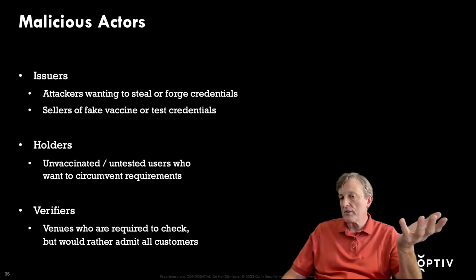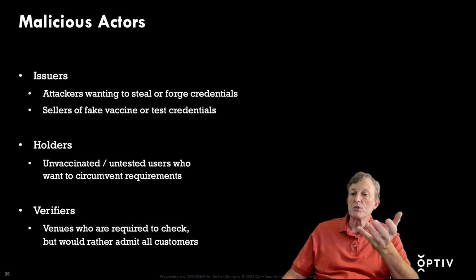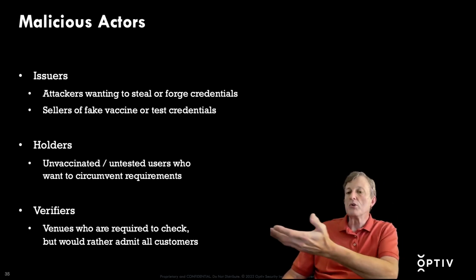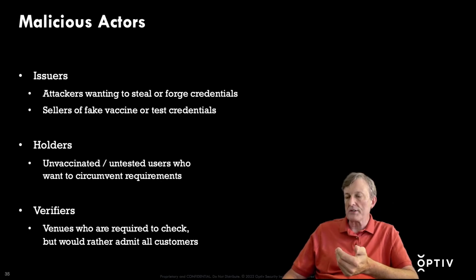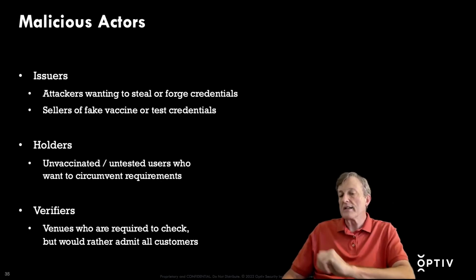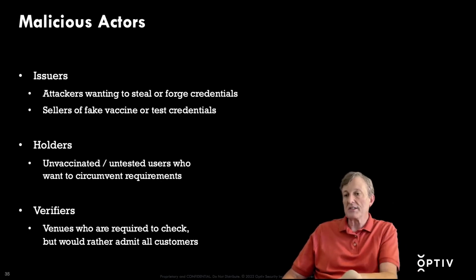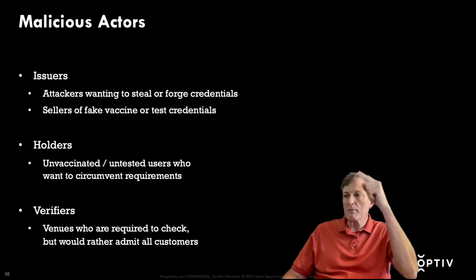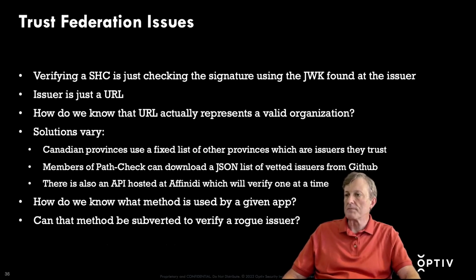Suppose the owner of the restaurant didn't really want to do that, but wanted to go through the motions, right? So could they subvert the verifying process so that it looked like they were checking vaccines and getting an okay on the app or the kiosk, whatever it is that they're using, but they've actually subverted it, right? So you can have malicious actors at all three levels.